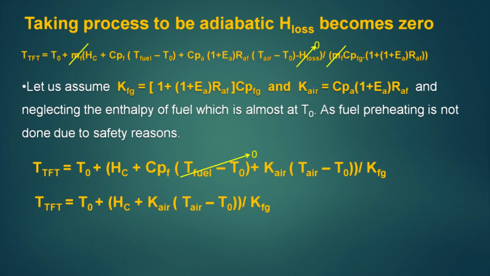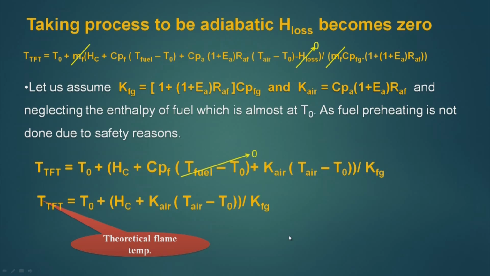So, we started with the actual flame temperature, then one by one we set to zero those parameters which are difficult to calculate. Then we consider that the process is working adiabatically, that is, H loss is 0, and from that we are able to find this temperature, TTFT, which is the theoretical flame temperature, and basically it is also called the adiabatic flame temperature.